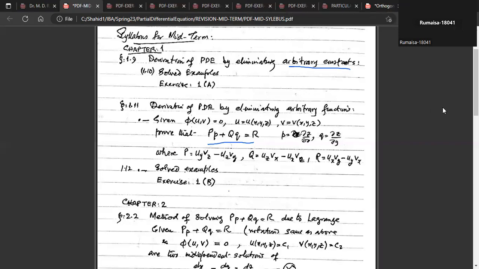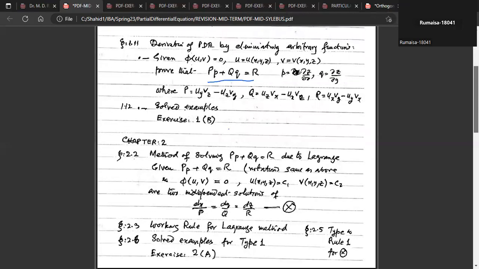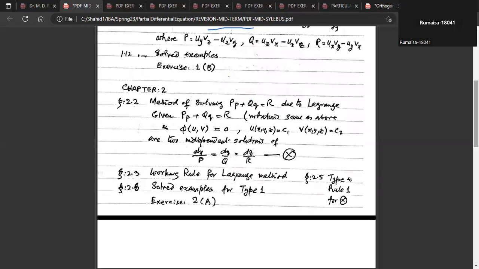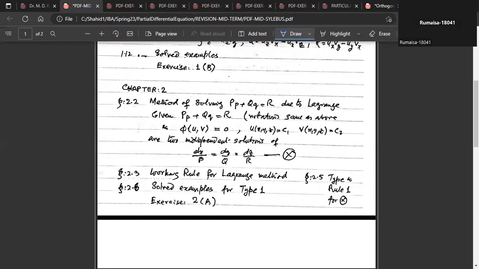So we have, in the second chapter, the kind of differential equation that we obtained in the first chapter. इस तरह की differential equations जो हैं, इनको solve करना is the topic of the second chapter, and the method used is due to Lagrange.